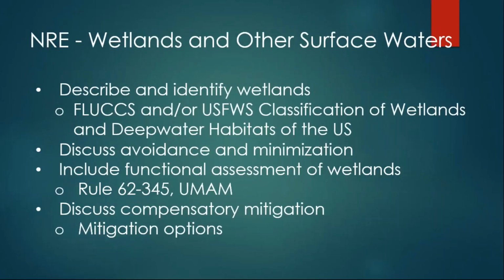You're going to need to describe and identify the wetlands using FLUCCS codes or the U.S. Fish and Wildlife Classification of Wetlands and Deepwater Habitats of the U.S., discuss avoidance and minimization measures, and include the functional assessment of wetlands using Rule 62-345, discuss any compensatory mitigation that may be required, and then mitigation options.